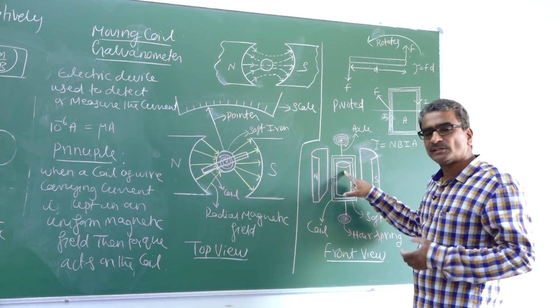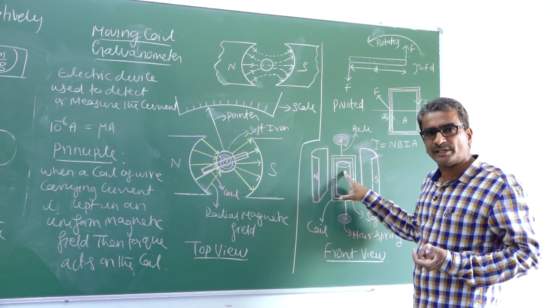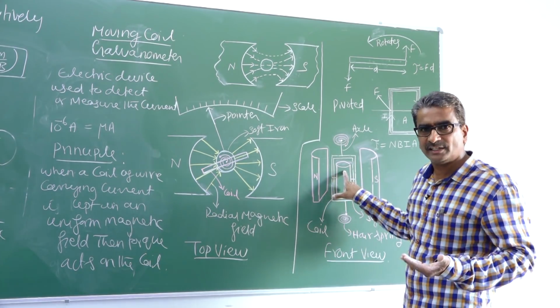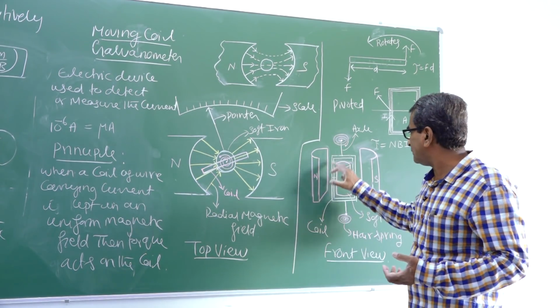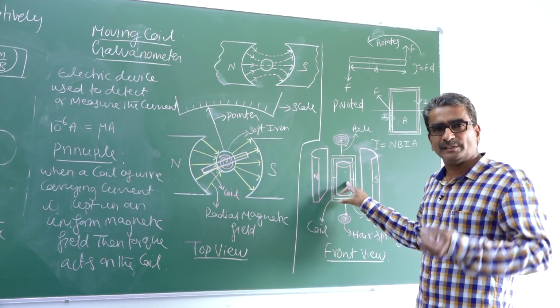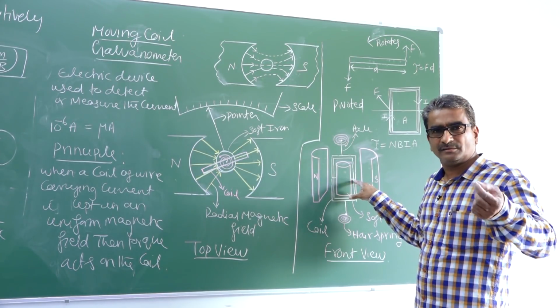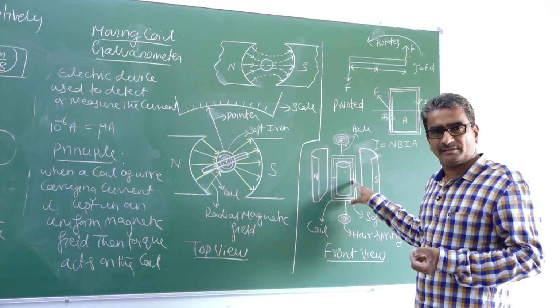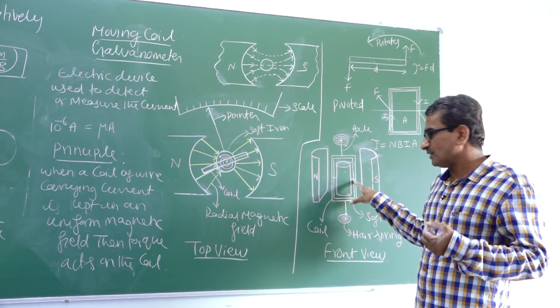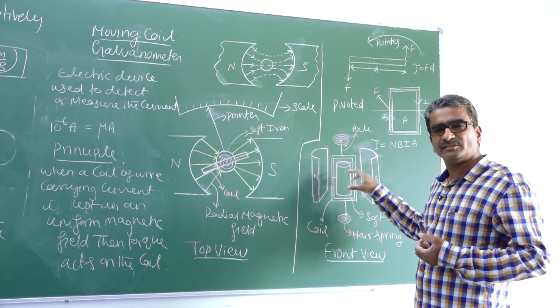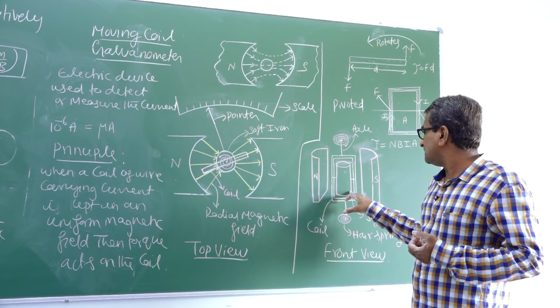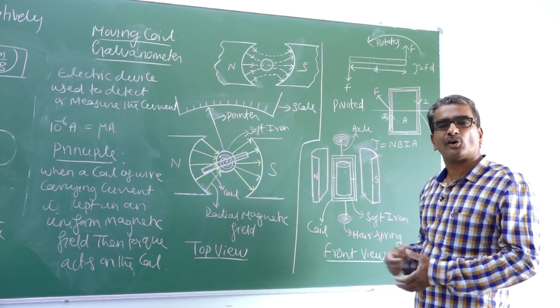Inside the coil, a soft iron cylinder is also mounted. It is mounted in such a way that it should not make contact with the coil. That means with the help of insulating wire or thin, strong plastic wire, the soft iron cylinder is supported inside the coil.